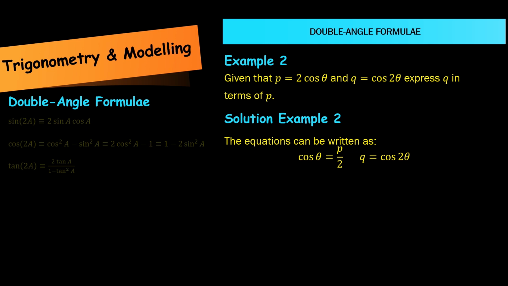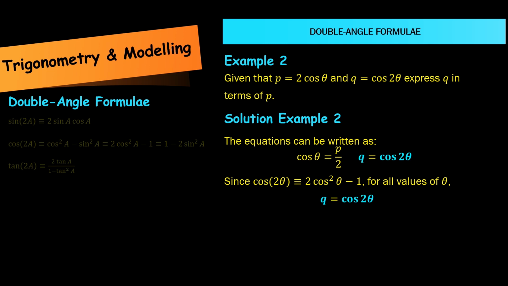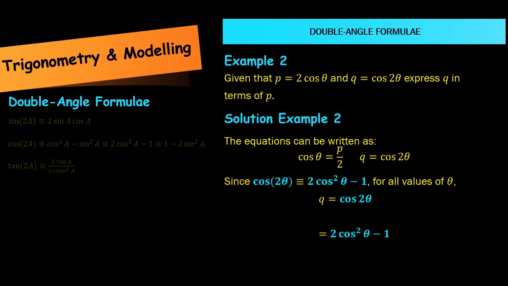The equations can be written as cos θ equals P over 2, and Q equals cos 2θ remains the same. Now since cos 2θ is identical to 2 cos²θ minus 1 for all values of θ, and Q equals cos 2θ, we can replace cos 2θ by 2 cos²θ minus 1 as shown.